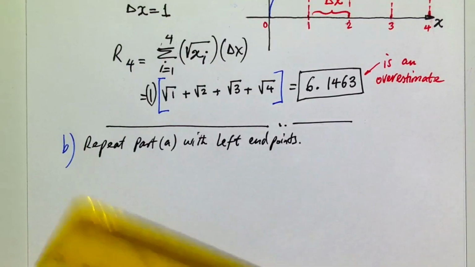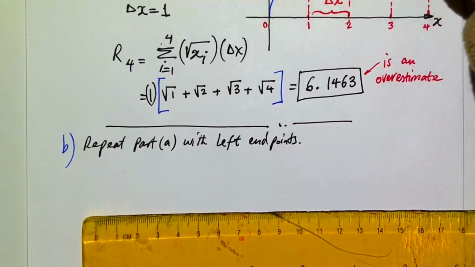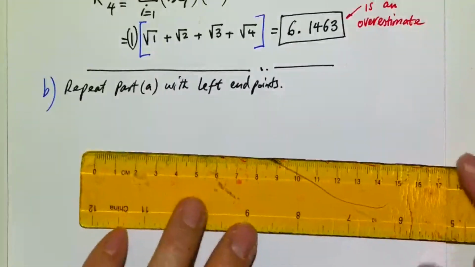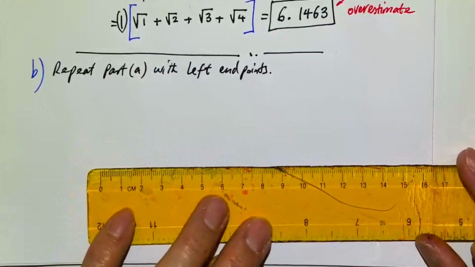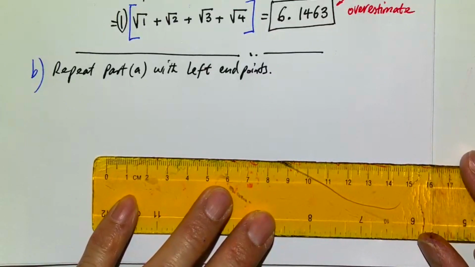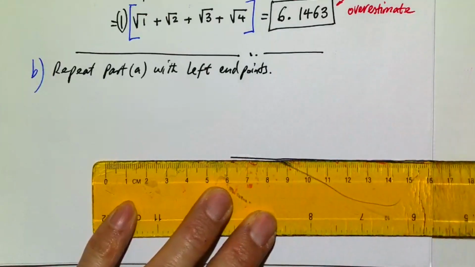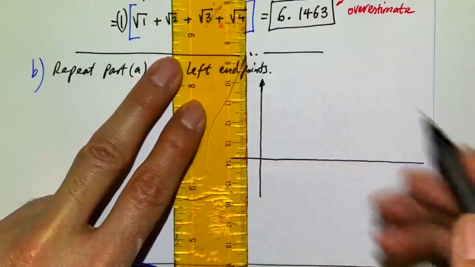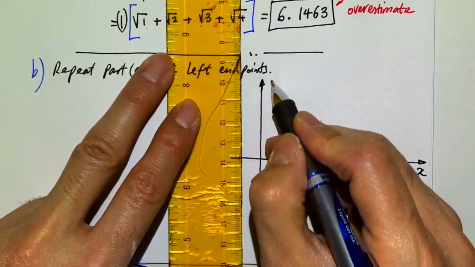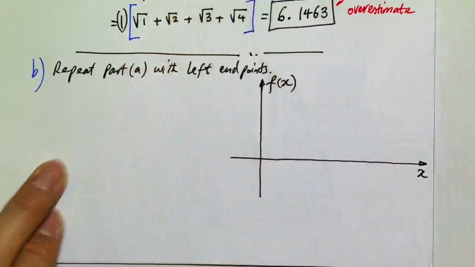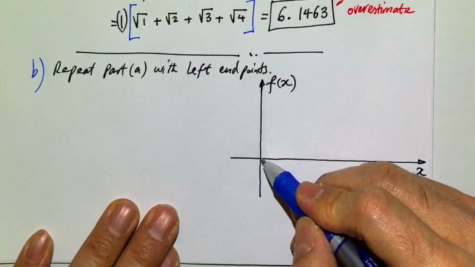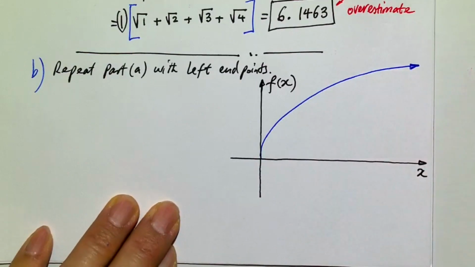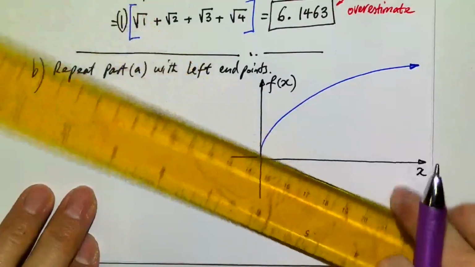Okay, so let's do that. I'll just draw a graph here, like this. I'll just do this to make sure that the rectangles are easier to see.